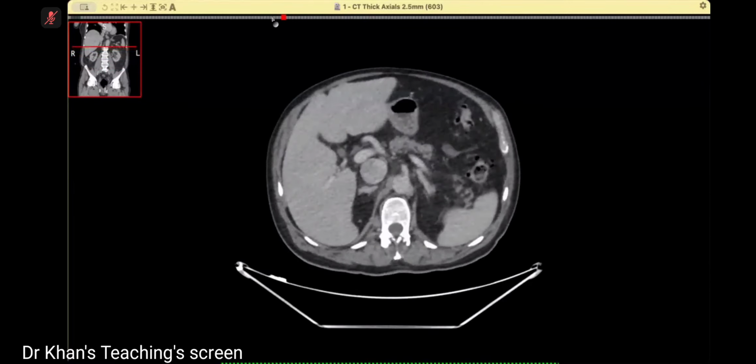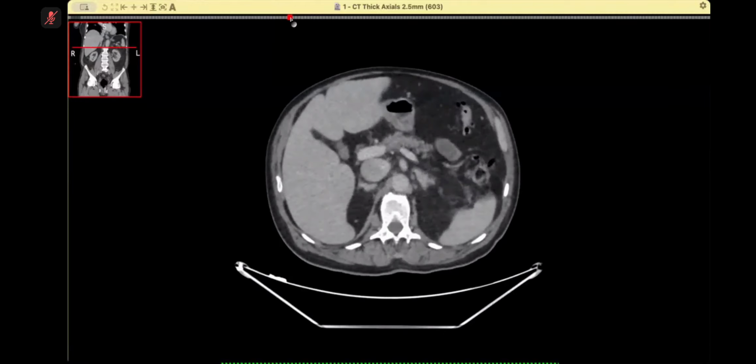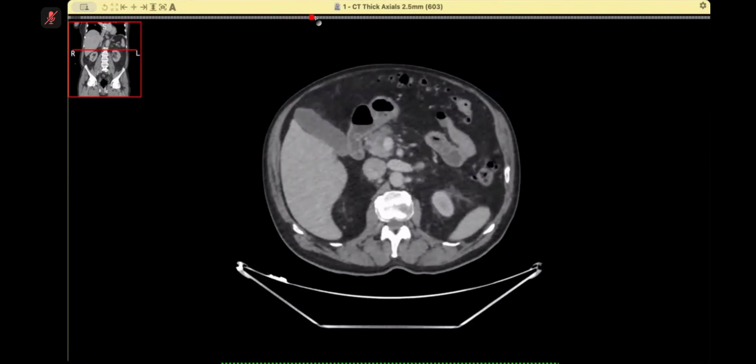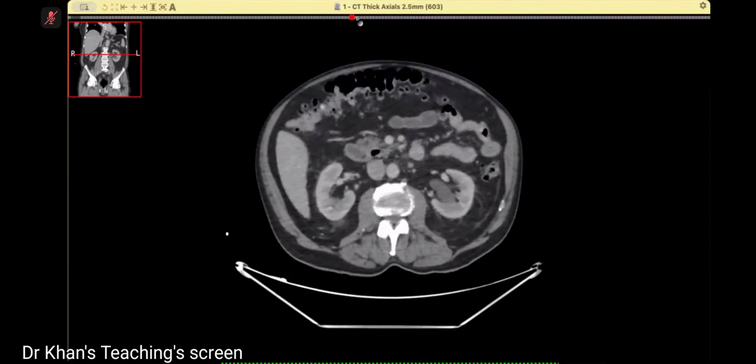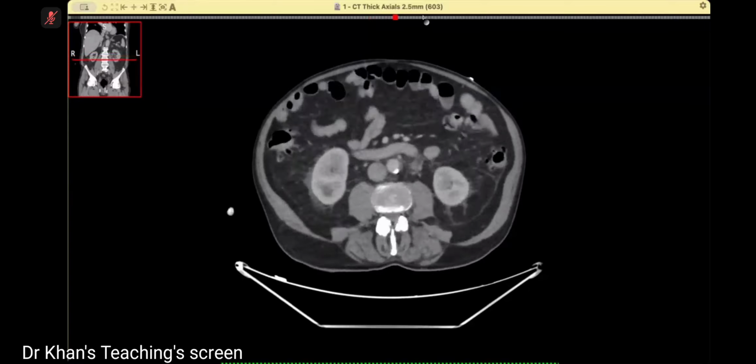So I would like to take a look at the mesenteric vessels in the arterial phase, but in this phase there is no thrombosis that can be seen in them.